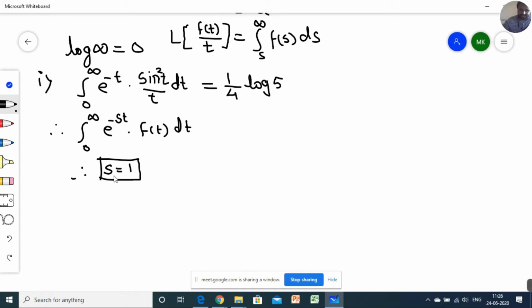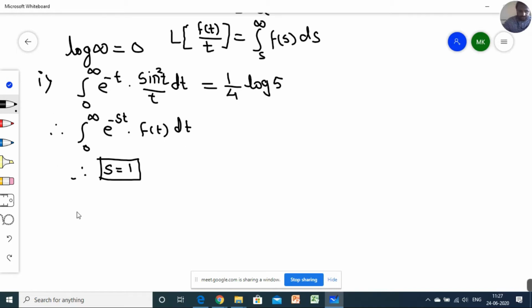So please try to understand this concept clearly. You can compute this part later or at the last step, but it is always my advice to compare at the first step, so that at the end there will be no hesitation about whether I have to use the first shifting theorem or the definition. Always remember, whenever integral 0 to infinity is given, you have to start the computing with the definition. So please remember this thing.